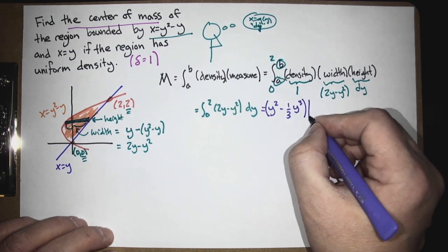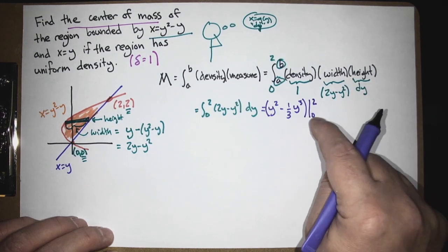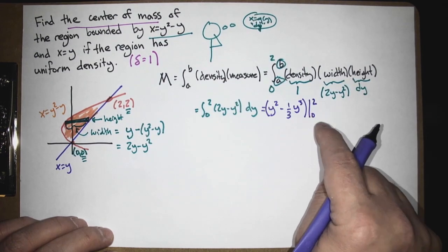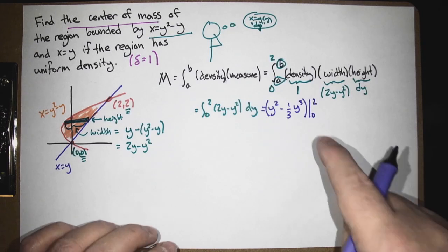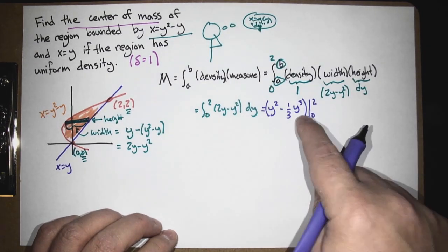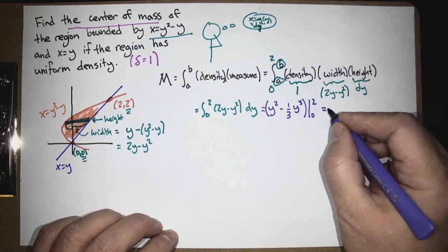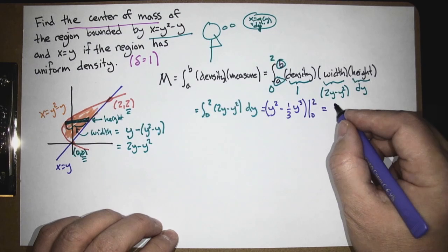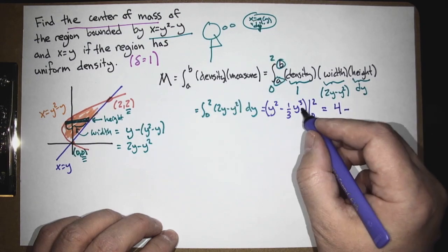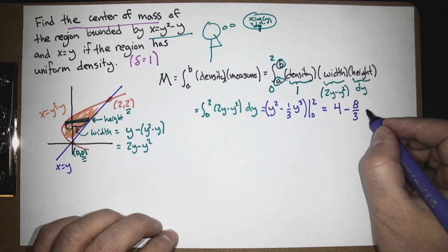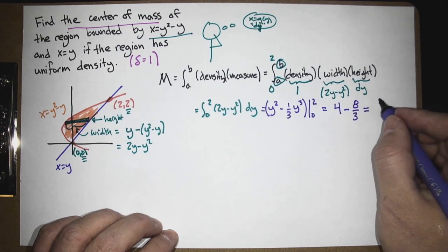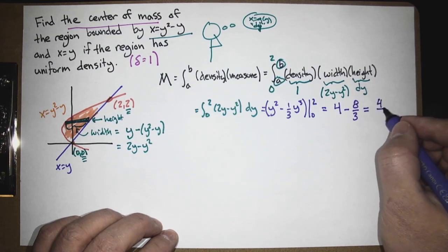And evaluate from 0 to 2. Now, you should always check your lower bound, but it's often 0. 0 is usually a friend, but keep track. You always have to check. When you plug in 0, what do you get? Ah, good. So we plug in the 2. 2 squared is 4. 2 cubed is 8. So 4 minus 8/3. 4 is the same as 12/3. So 12/3 minus 8/3 gives us 4/3.